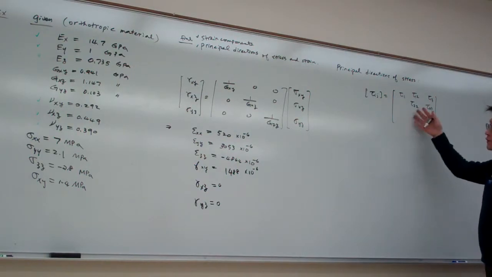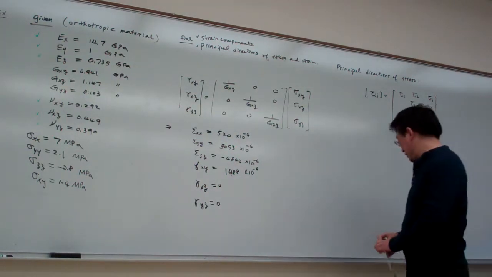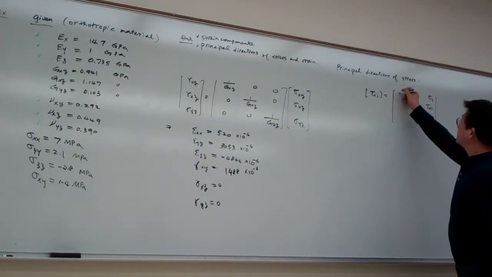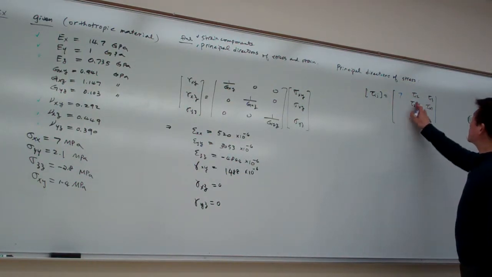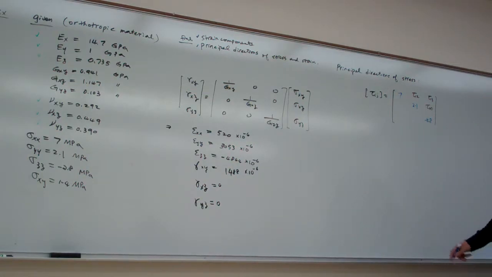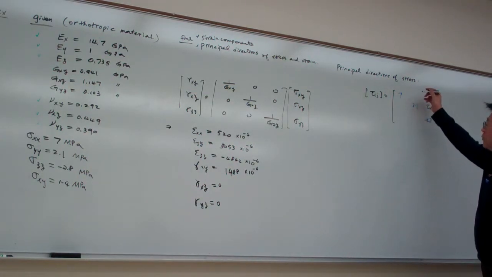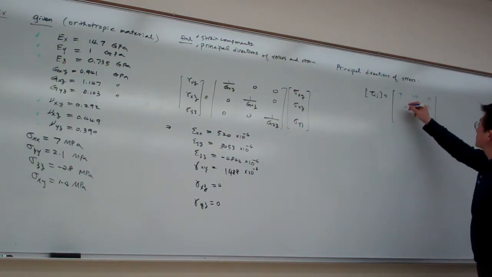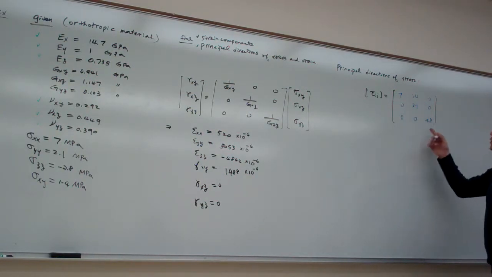So in total we have 9 components, and here we are given this: 7, yy is 2.1, zz equal to minus 2.8, and xy equal to 1.4, and the remaining are 0.